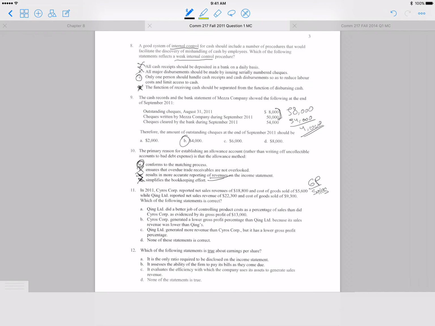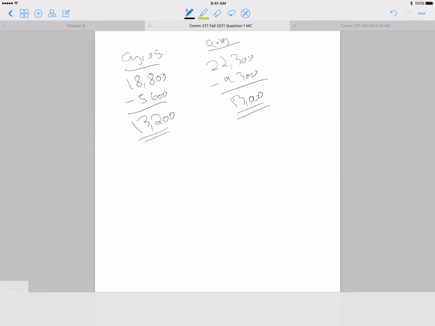So King did a better job of controlling product cost as a percentage of sales than Cyrus did, as evidenced by its gross profit. So let's see. For your gross profit equation, you'll take the gross profit over the sales. And let's see what we get.